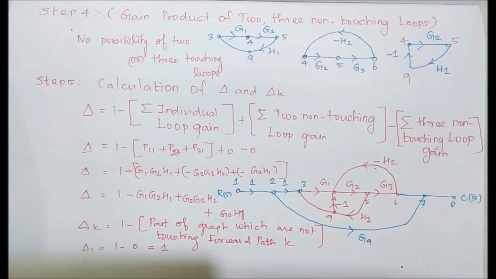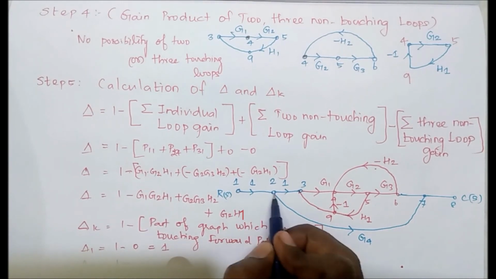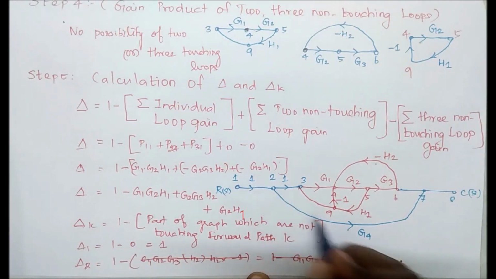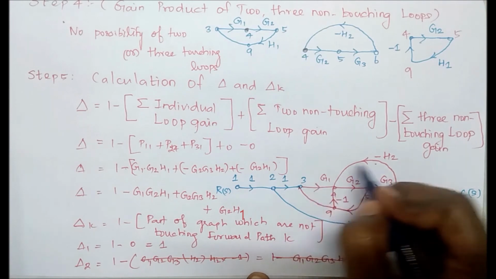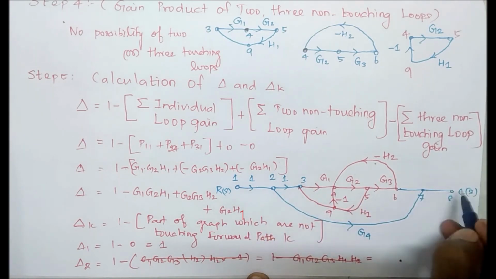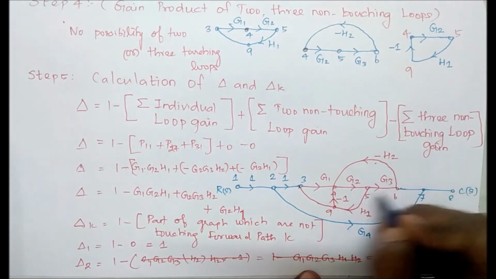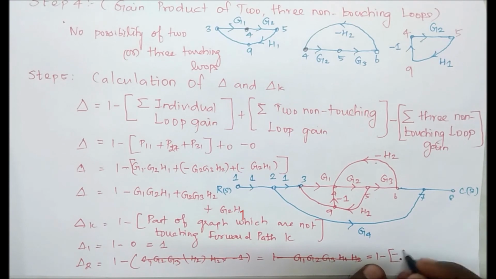Next del 2. For del 2, 1 minus, we see this is the second forward path. Excluding this forward path, there is a separate path. Therefore 1 minus its gain. First if we take this loop, its gain is minus G2 G3 H2.